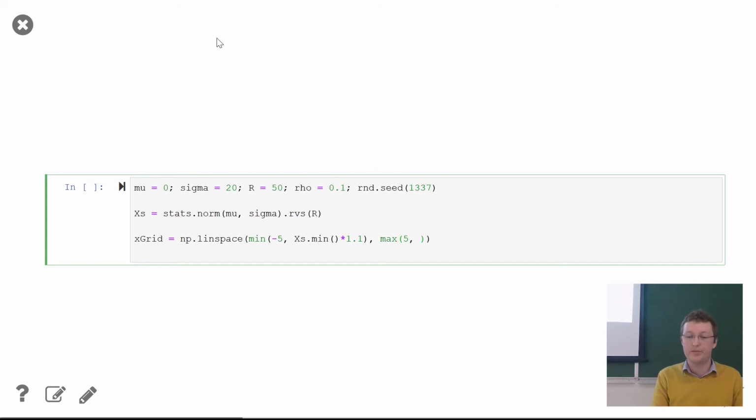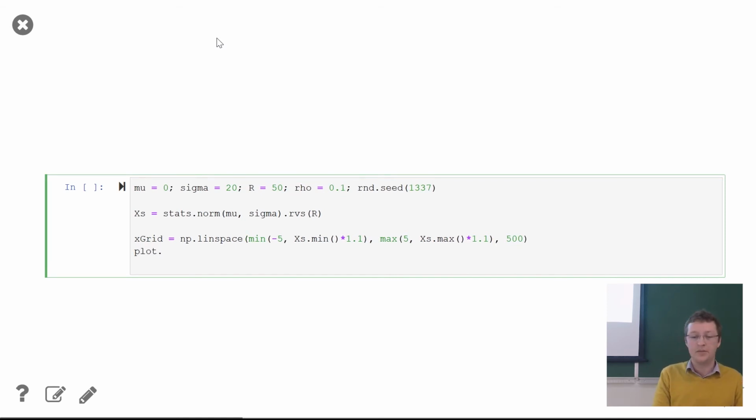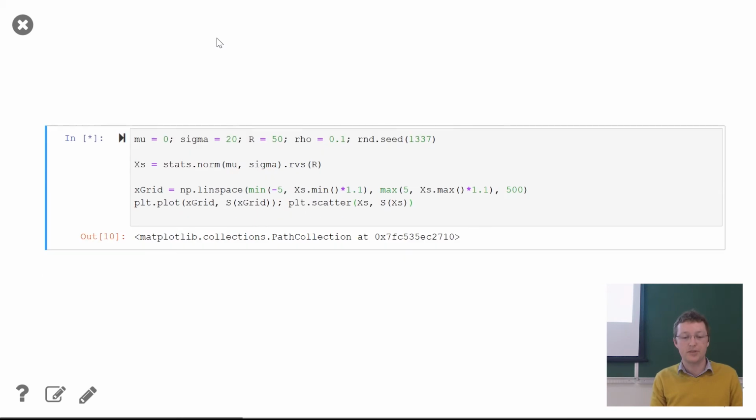Similarly, if the largest value we sampled is larger, then we'll keep the plot going up to there. 500 points over that grid. Plot the x's and the objective function over that grid, and then we'll throw down a scatter plot on top of that of the actual values that we sampled, and the objective function at those points.